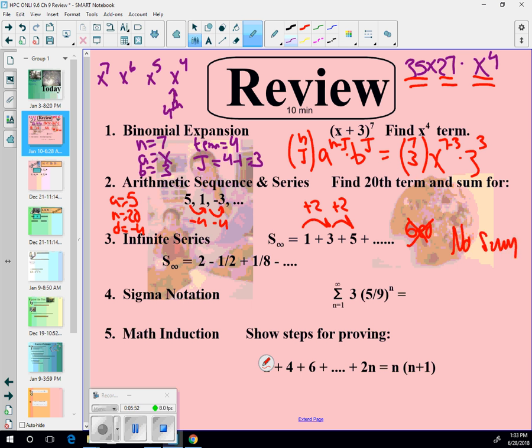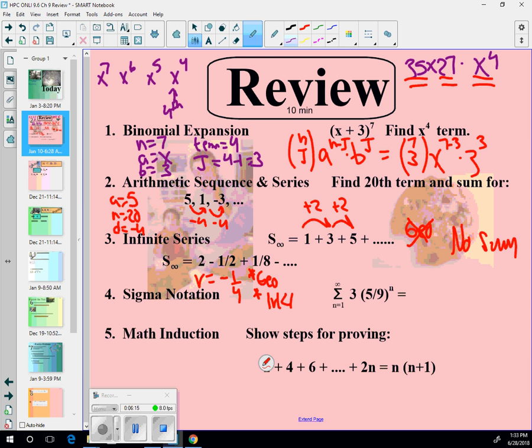This one, if I do my ratio, it's going to be times negative 1/4, it looks like. That is geometric, and the ratio is less than 1, perfect, greater than negative 1.